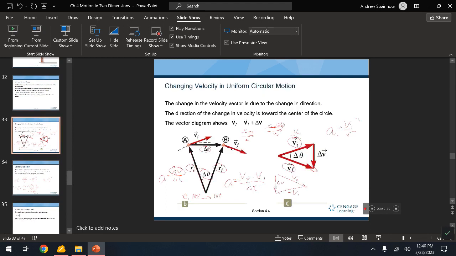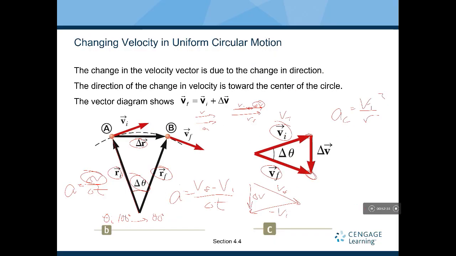What I said last year is I defined VT as arc length over time, which is not entirely wrong as long as it's constant, okay? Arc length being the distance around. Well, you can clearly see from these pictures that delta R, in order to be a similar triangle to that one over there, cannot be arc length, right?